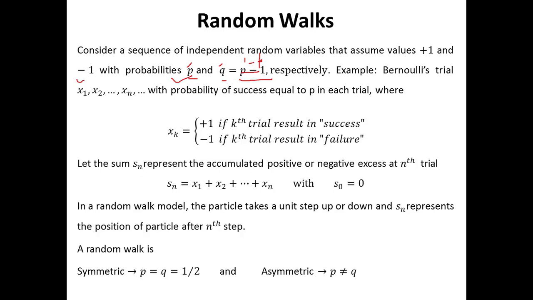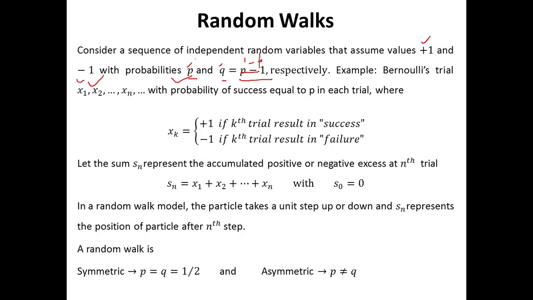Now here we assume that the outcome of this random experiment will either result into success or result into failure. So if the outcome results into success, the random value assigned will be +1. If the outcome results into failure, the random value assigned will be -1.